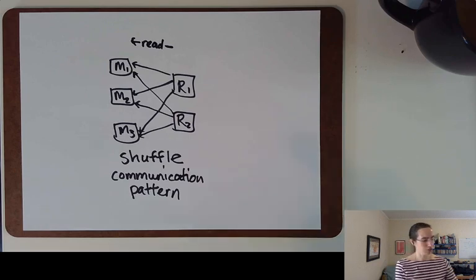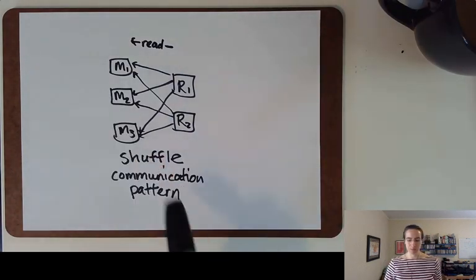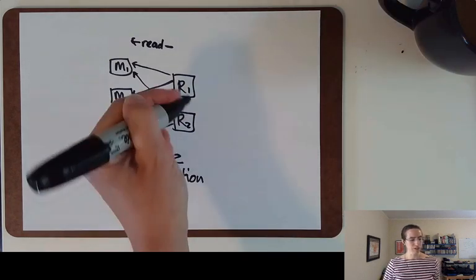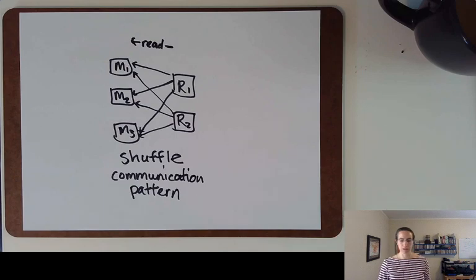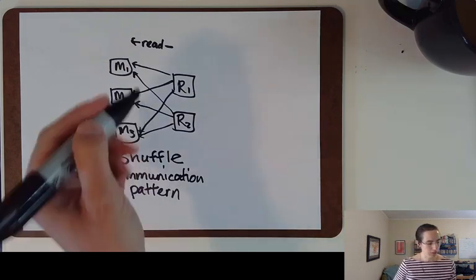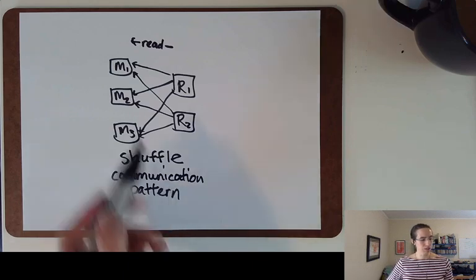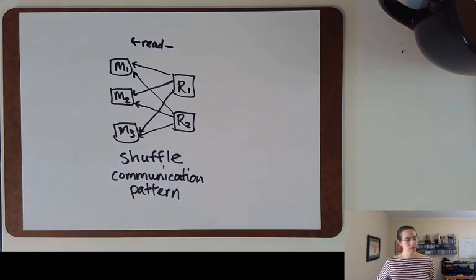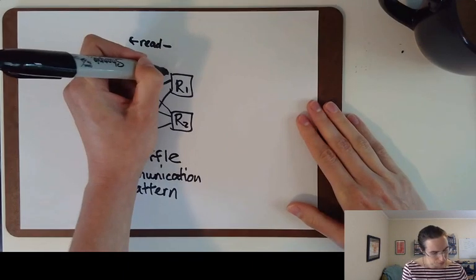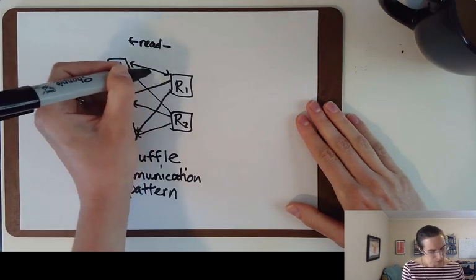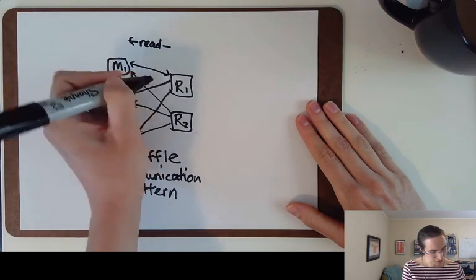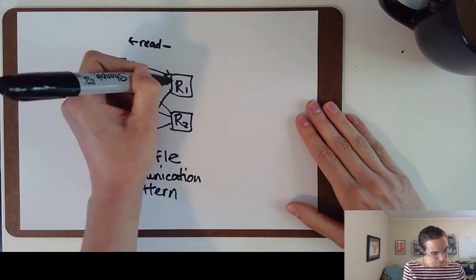So computation happens locally on M1, M2, and M3, which we saw. And then computation happens locally on R1 and R2, which we saw. But then there's this middle phase where no computation is happening, but data is just getting moved into the place where it needs to be. And I guess we should draw these arrows both ways because the data gets sent to R1, R2.